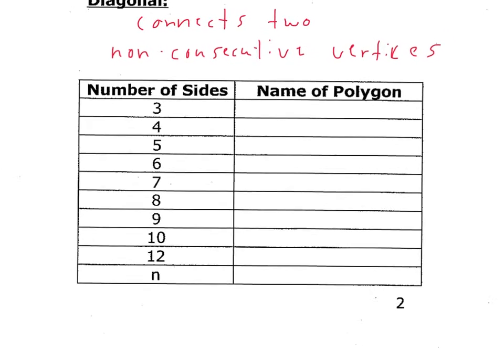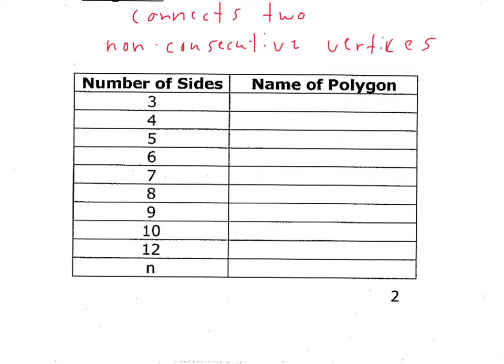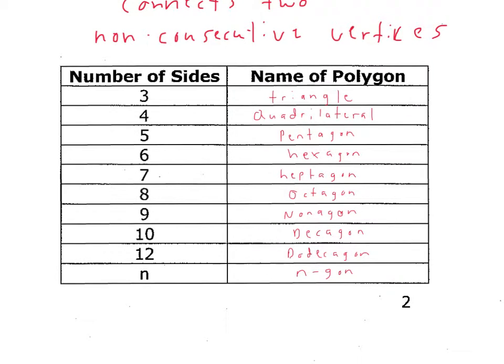Okay, so the next terms that you need to know are the names of the polygons for different sides. Okay, so I'm going to go ahead and write all these down at once, and you're going to have to pause the video and then write them down. All right, so I have all of the different polygons labeled by side here.